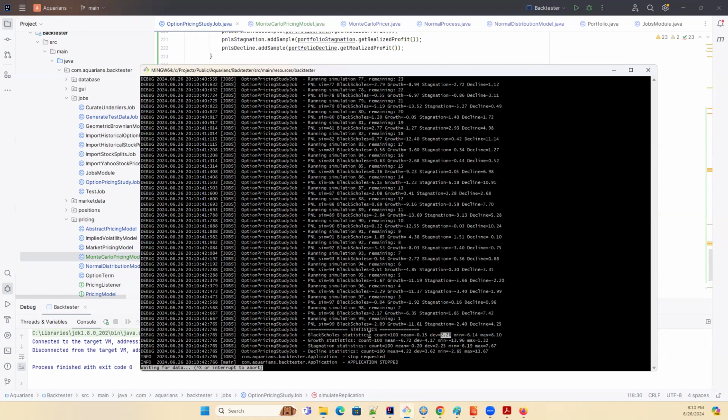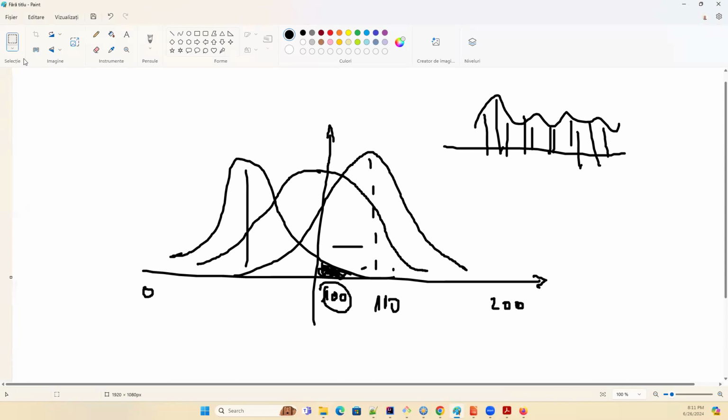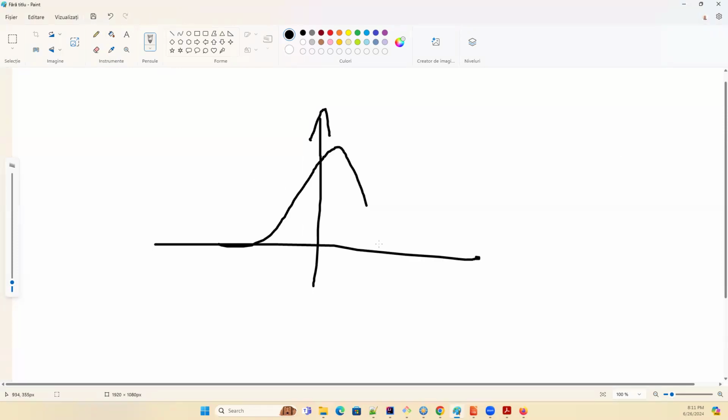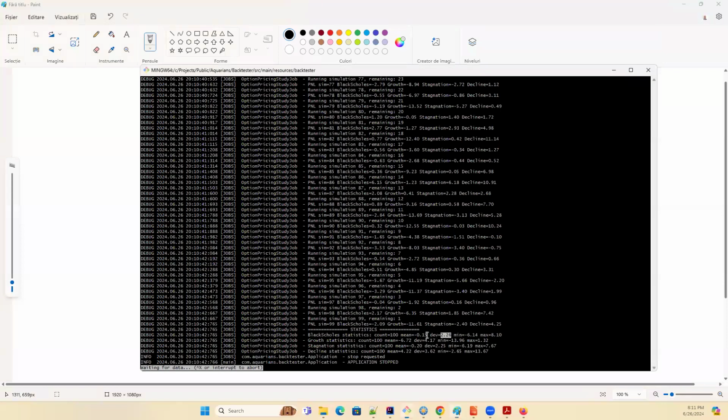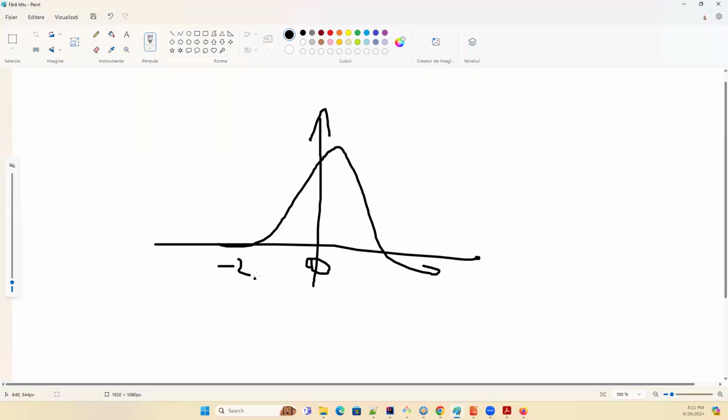So if we plot these P&Ls, we'll get something like this: 0 and minus 2.26. Now this is the standard deviation, and this is 2 or 3 times that.